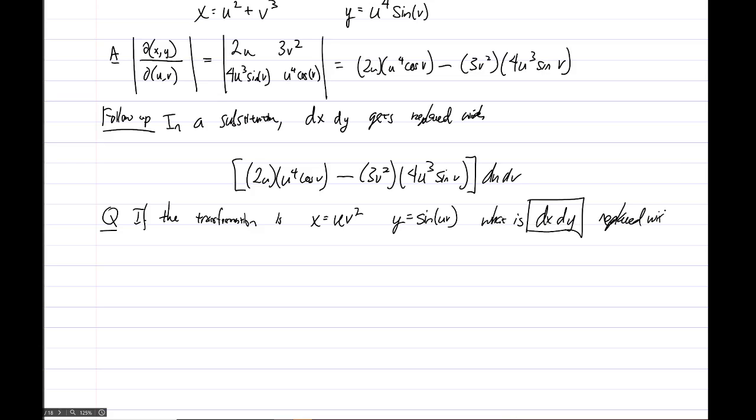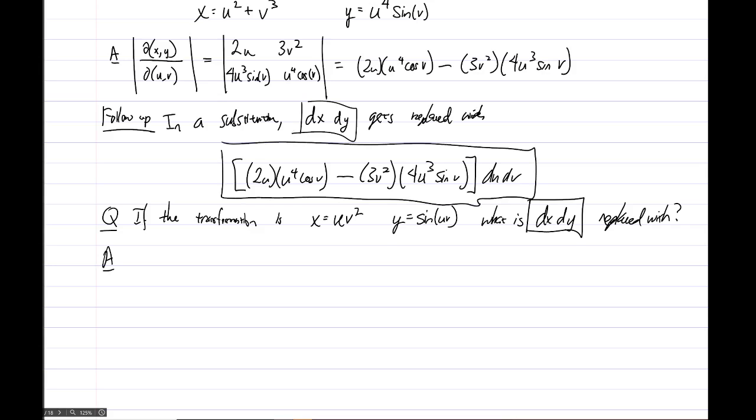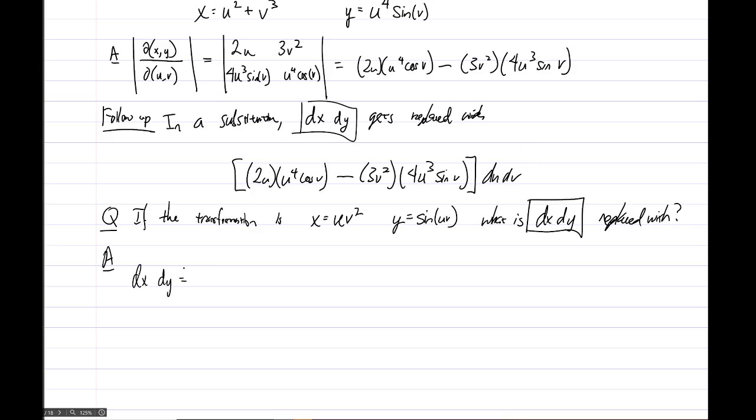So the question format's a little different, but it is just another chance to practice the Jacobian. So just following what we've seen, like here, dx dy gets replaced with Jacobian times du dv. So we'll just write dx dy equals, and then we're going to have the Jacobian here, times du dv, right?